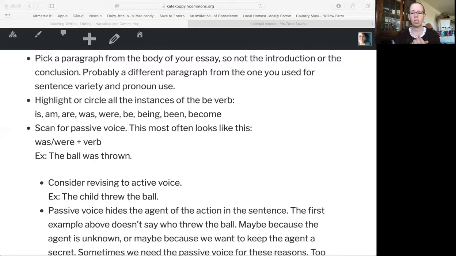The gruesome mutilation of the maiden without hands challenges and offends the modern audience. And then the paragraph can continue. They're not particularly fantastic. And I could think about revising these other instances of the be verb in a similar way, looking elsewhere in the sentence for what action am I actually naming? And can I take that action and make it the main verb of the sentence instead of the be verb?